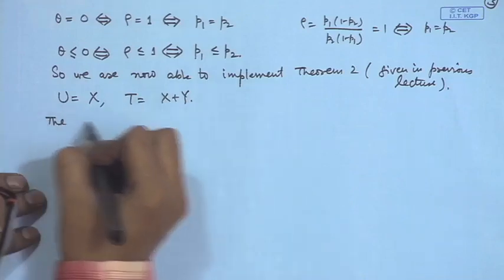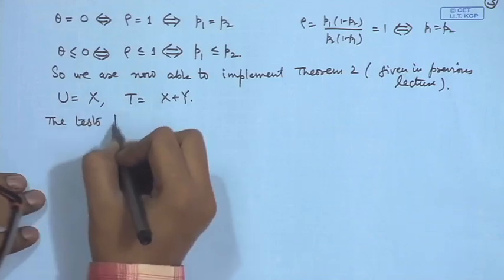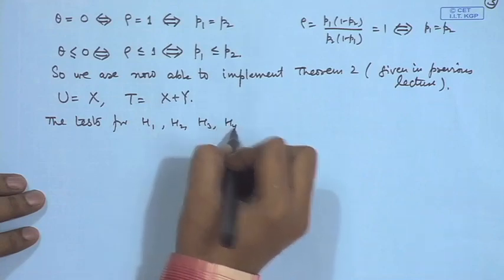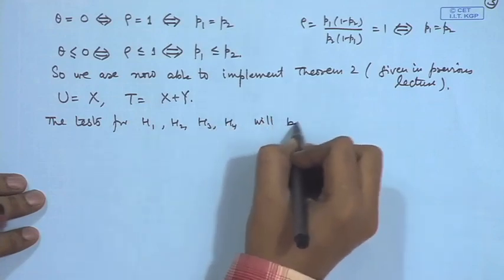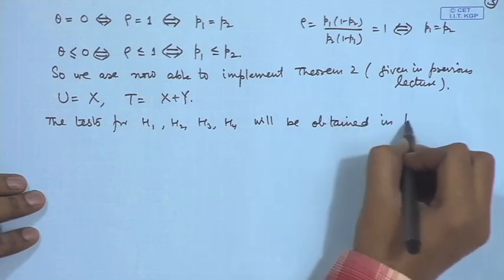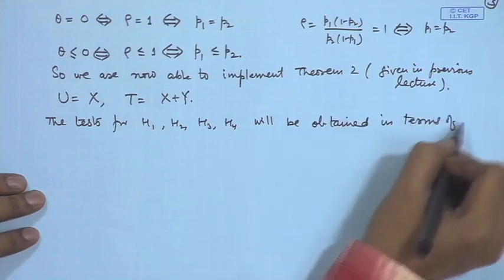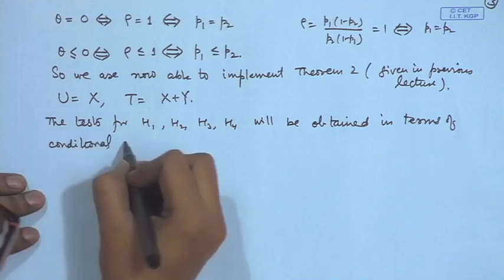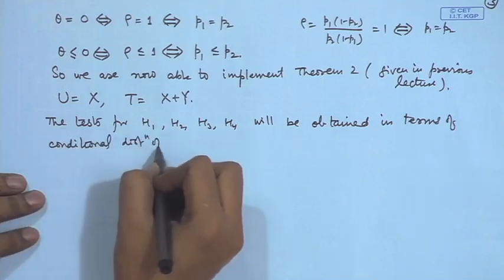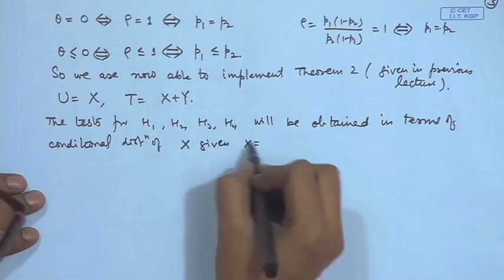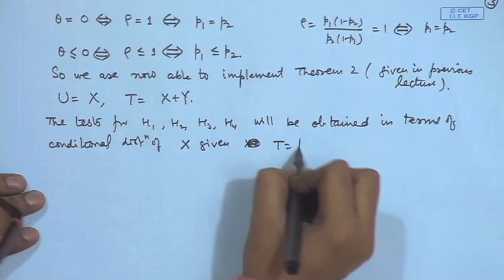The tests for H 1, H 2, H 3, H 4 will be obtained in terms of the conditional distribution of x given t equal to t.